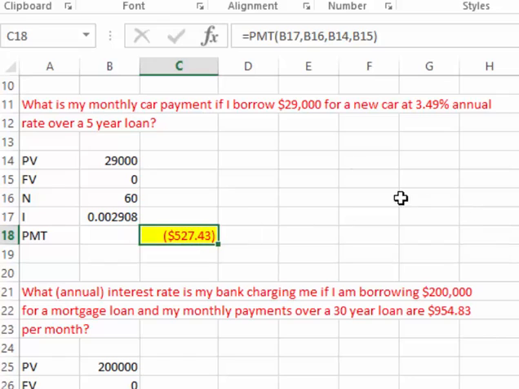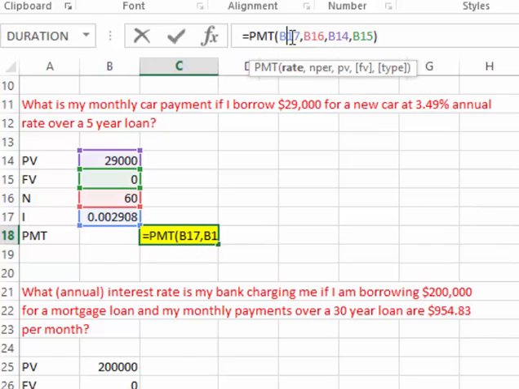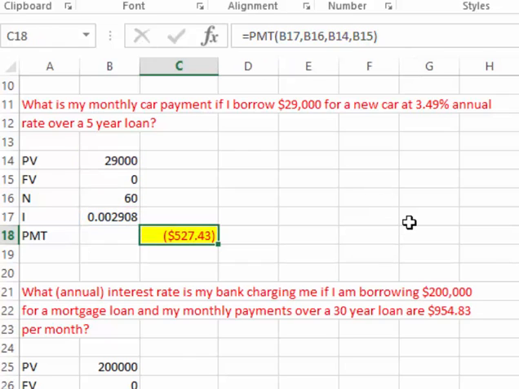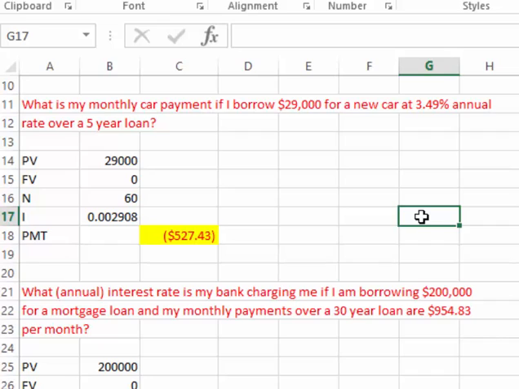And if we solve for the payment using the payment function with all the appropriate inputs, the rate, the number of periods, the starting value, and the ending value, and again, I don't need to put in the type because we're assuming end of month payments here, then my answer, the payments, are going to be $527.43 every month for the next 60 months to pay off my car loan.